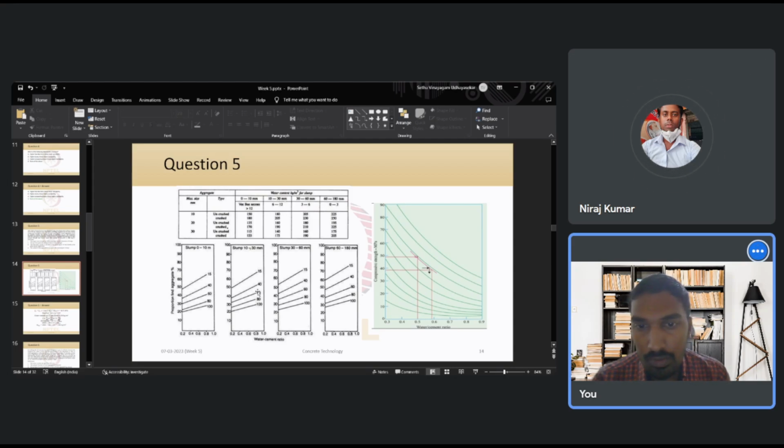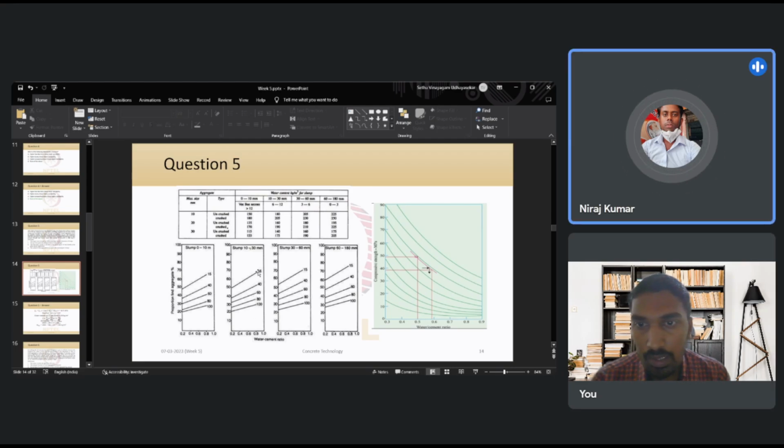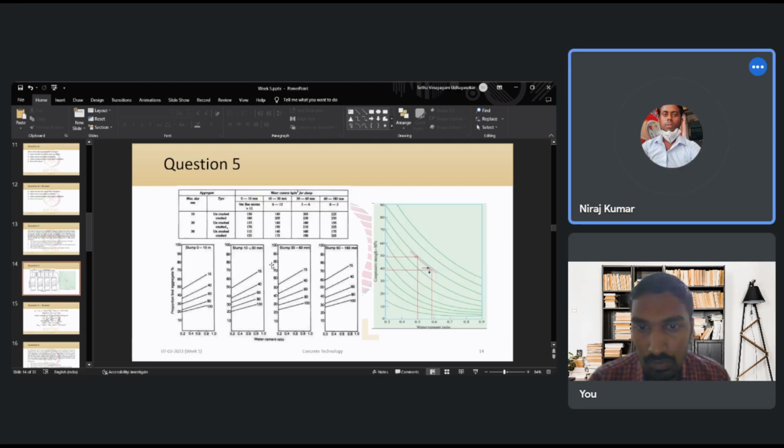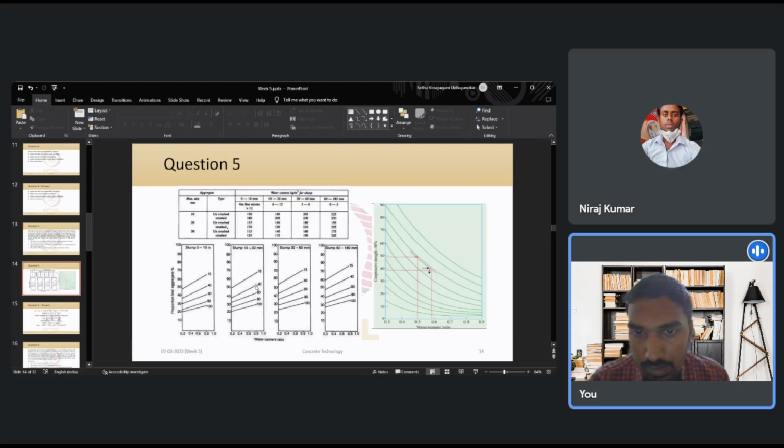And for this again we have a series of relations given to us, and therefore we need to use the other information that is given to us, which is the fineness of the fine aggregate, right? Which is 40% of the fine aggregates passing through the 600 micron sieve. Based on that, it is this particular curve which we need to be looking at.